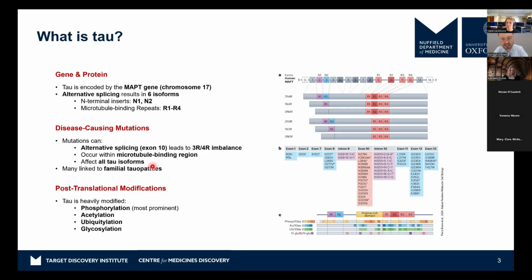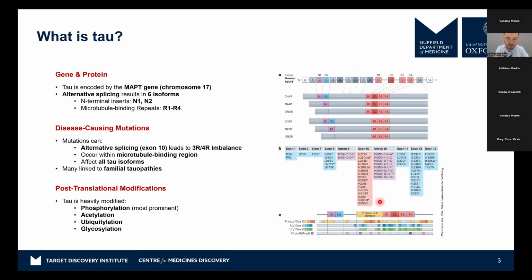Mutations in the MAPT gene can also act in several ways. Some affect splicing, particularly around exon 10, and this shifts the balance between 3R and 4R tau, while others occur within coding regions, especially within the microtubule binding repeats, and these mutations directly influence tau structure and aggregation. In addition, tau can be heavily post-translationally modified.